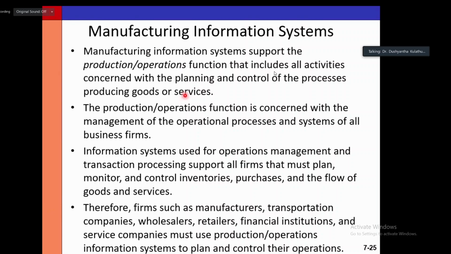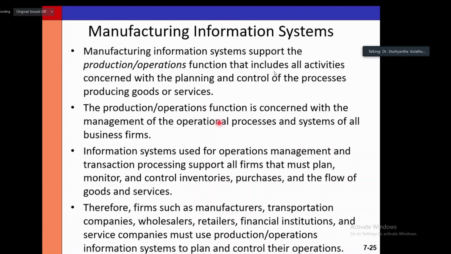The production operations function is concerned with the management of operational processes and systems of all business firms. Now, the production function is basically related to the manufacturing setup, and the operations function can be related to a service organization.